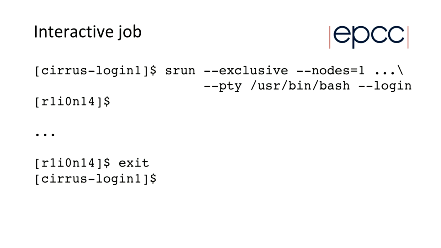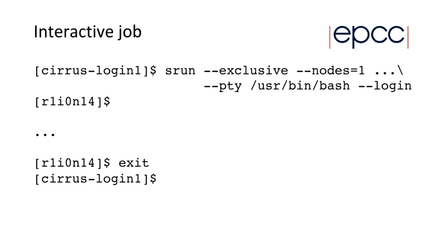A few folks like to run interactive jobs. The best way probably to get at this is to do something like the following. Here you do need to specify options to, in this case, srun on the command line. So here I've got srun --exclusive --nodes=1.